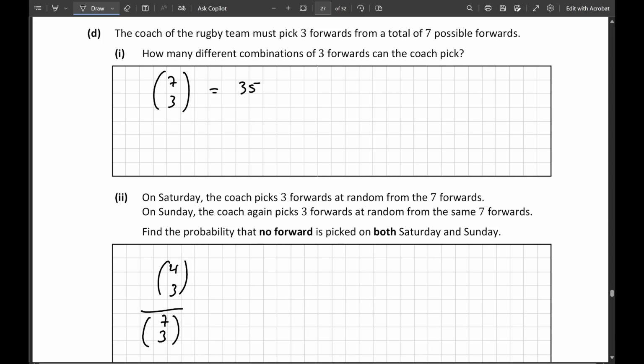Or we could say that it's 1 minus the probability of the same 3. Or no, we'd have to consider them individually, wouldn't we? I'm running with this 4 choose 3 over 7 choose 3 type nonsense. I don't know why I'm actually rolling with this. Where's nCr? There it is. 4 choose 3 all over 7 choose 3, which is 4 out of 35.